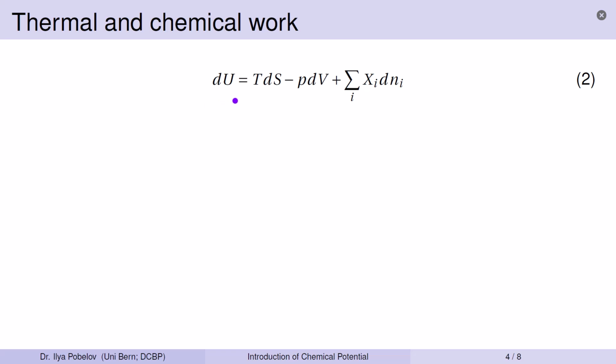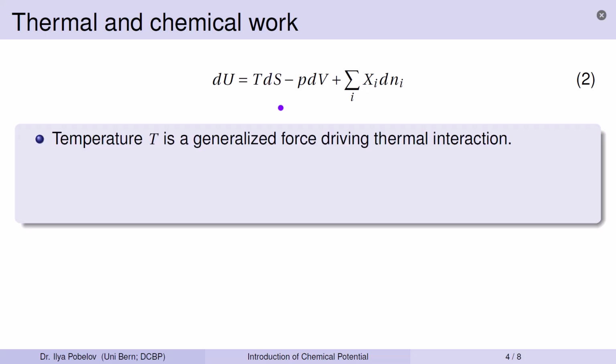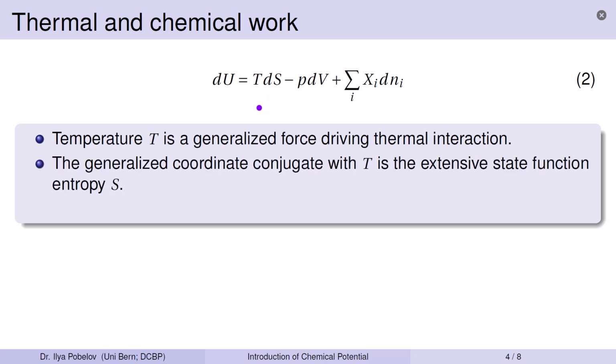Now, what about the thermal interaction? It is clearly controlled by temperature, which is an intensive state function. Therefore, temperature is a generalized force driving thermal interactions. The generalized coordinate is not so straightforward, but we had figured out that the generalized coordinate conjugate with temperature is the extensive state function entropy.